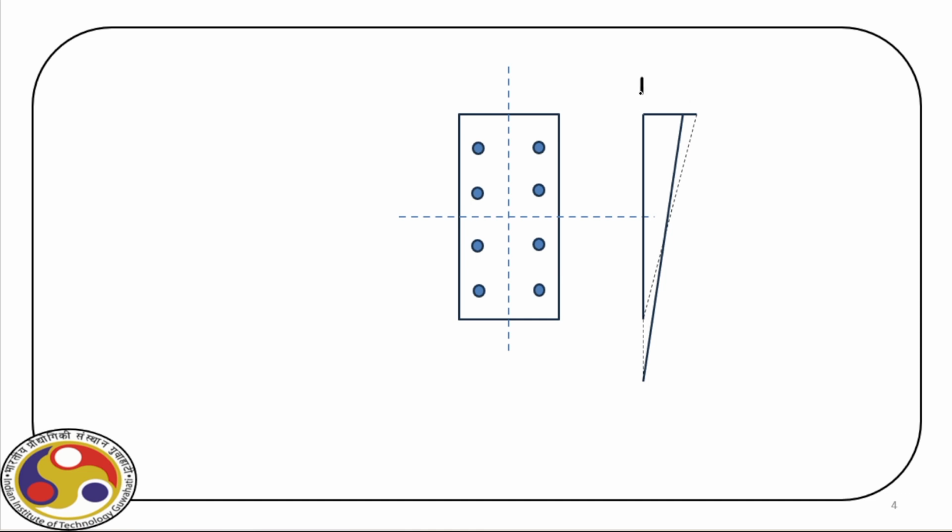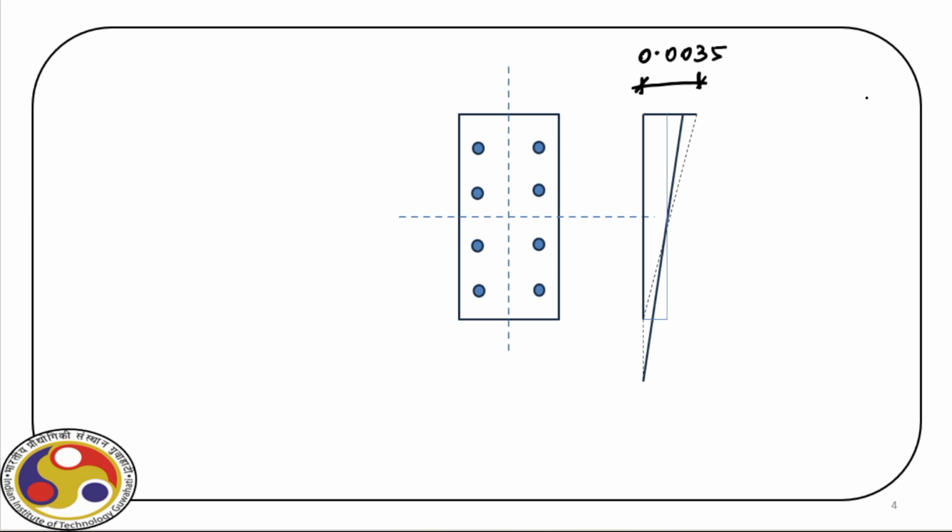So this is 0.0035, right? Now let us draw a vertical line here, and then complete it here. Okay.